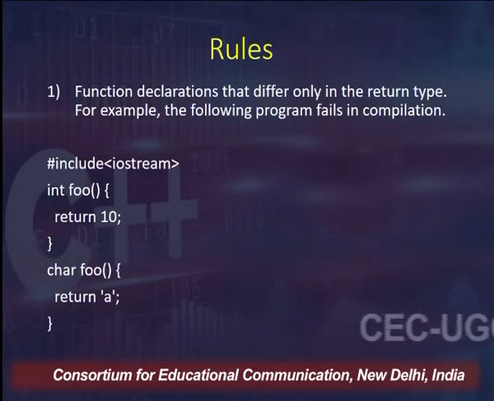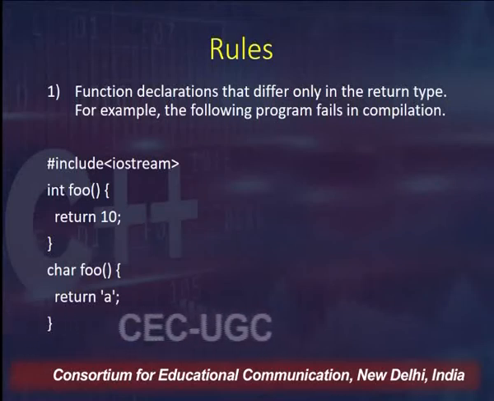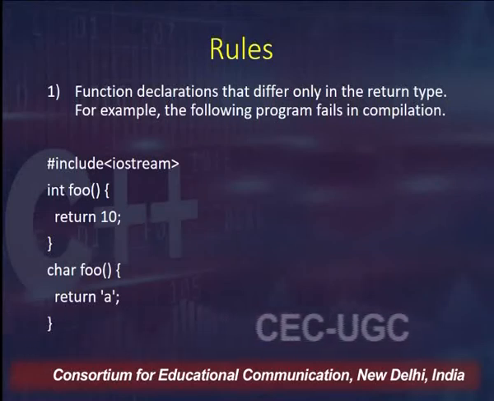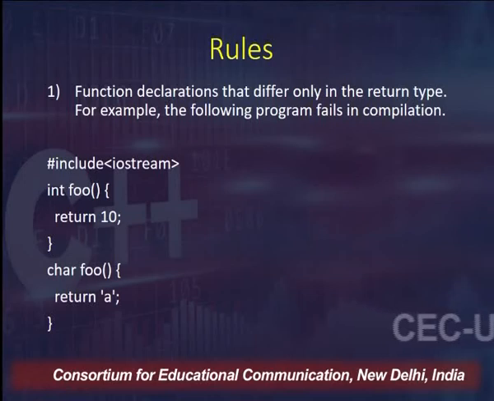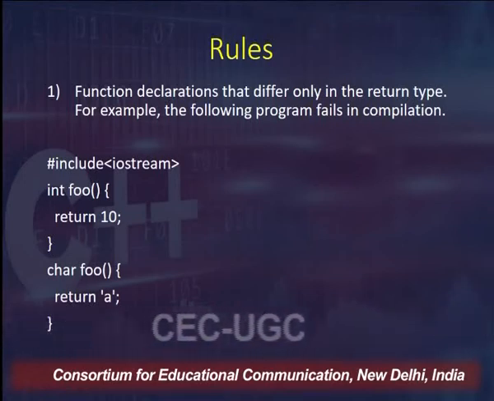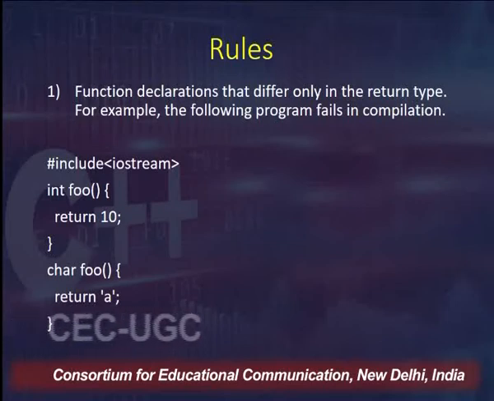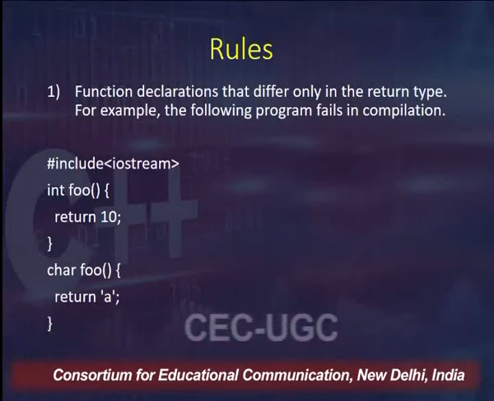At the time of compilation, your compiler tries to bind the call to a version, and there is an ambiguity, because in case of an overloaded function your compiler is looking for a difference either in the type of parameters or in the number of parameters.